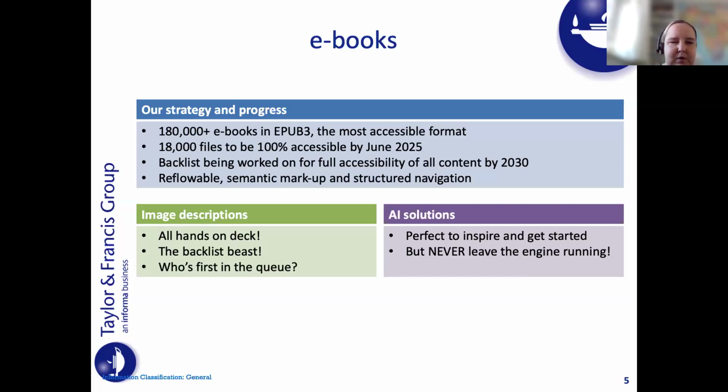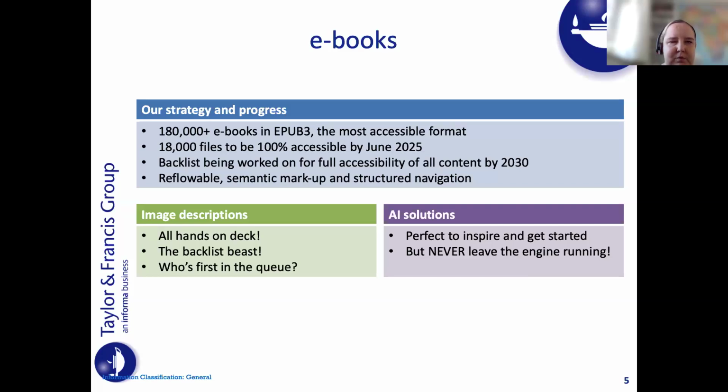We could be focusing, for example, quite a lot on HSS titles, but you might argue actually the STEM titles are more in need of description. And so we have quite a variety of images that we work across, not just the ones that are the highest grossing or the most popular.